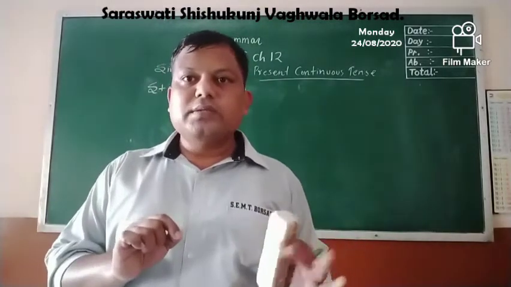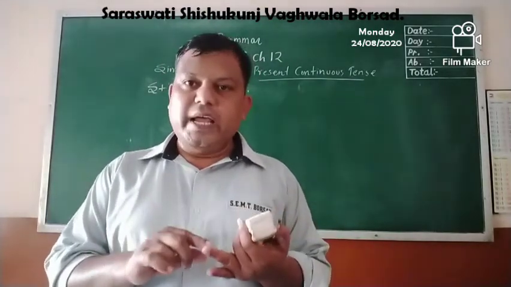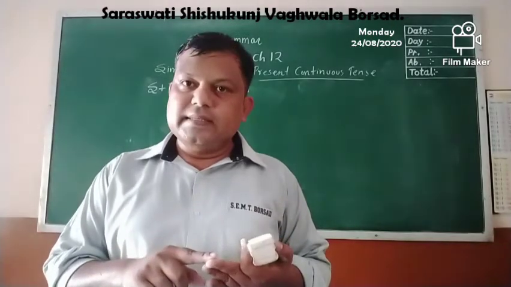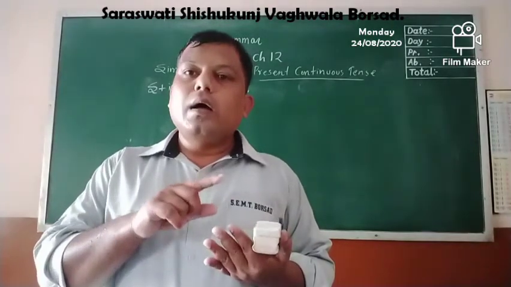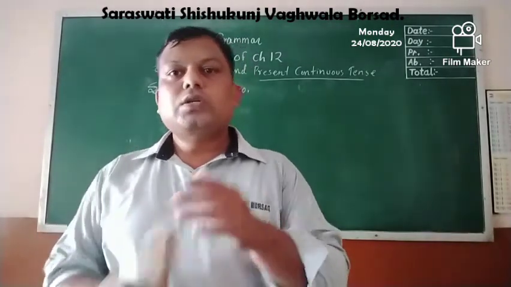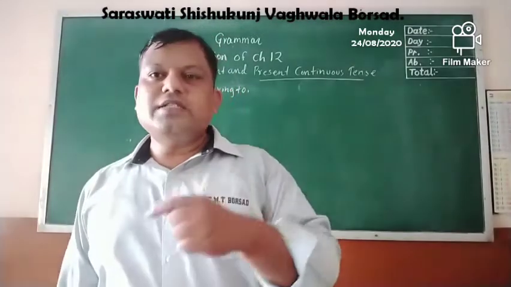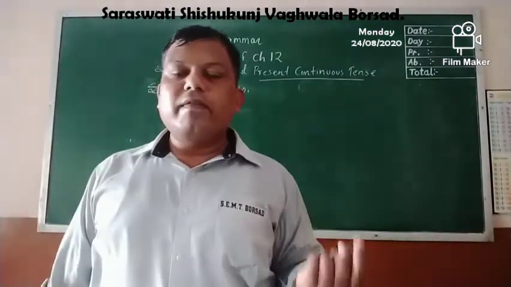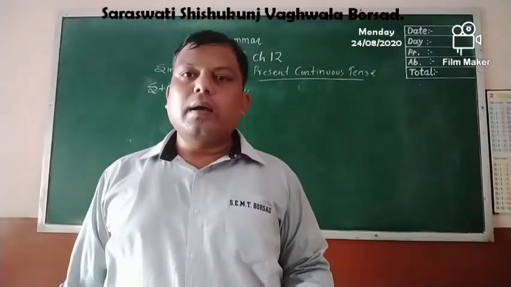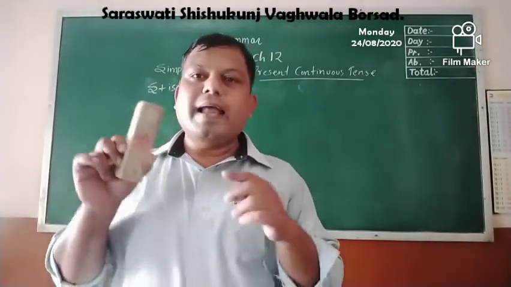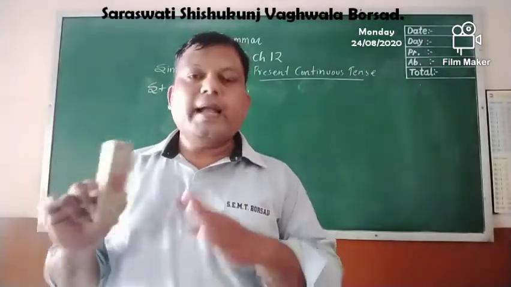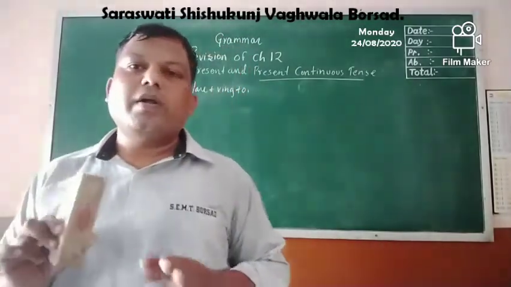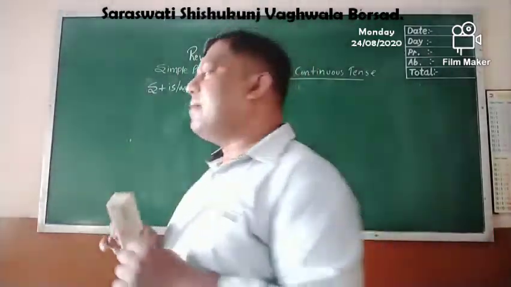We use is with he, she, it: Ramya is, Soham is, Pranjal is, Arav is, or duster is, mobile is working, correct? So that way we are talking about is and are.